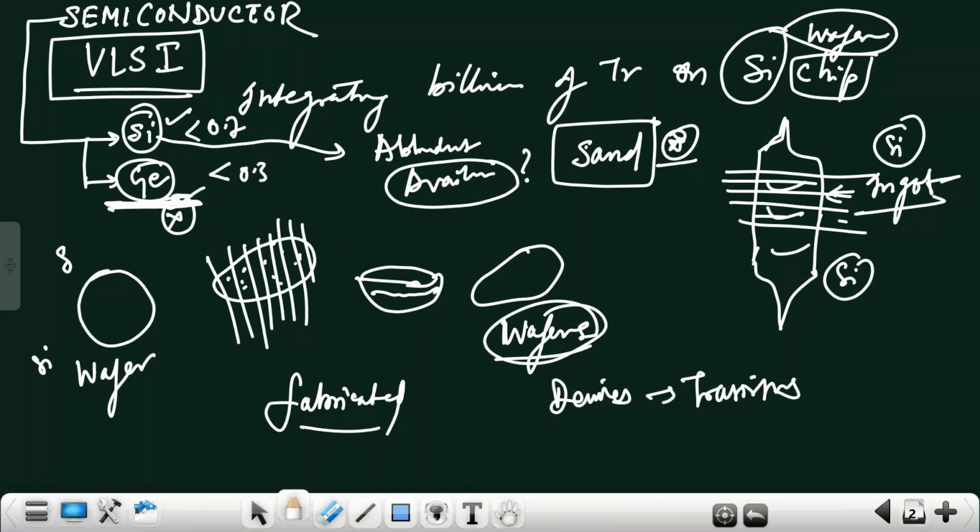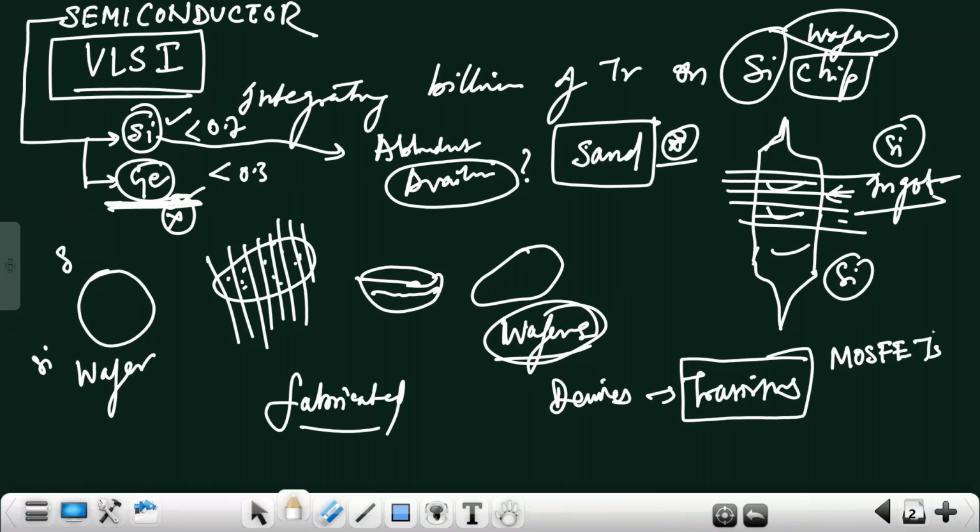Now transistors can be fabricated on silicon wafers using different technologies, using different logic. So there are different kinds of FETs, right? Basically we will use MOSFETs. Nowadays we are having FinFETs, right?